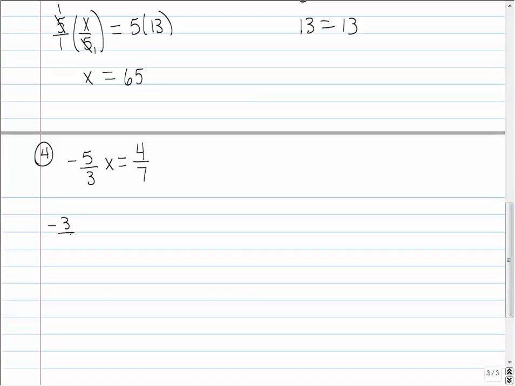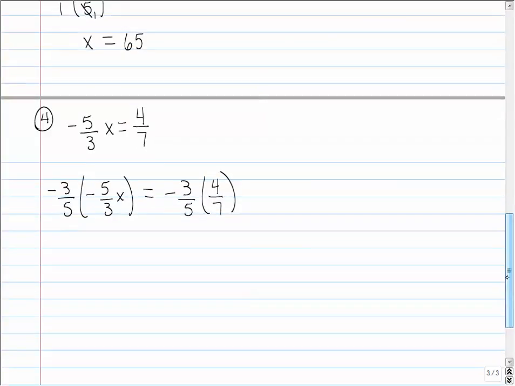So you're going to multiply negative 3/5 times negative 5/3 x. And then you've got to multiply negative 3/5 on the other side times the 4/7. Now, you know it's going to be positive on the left like you want it to be.